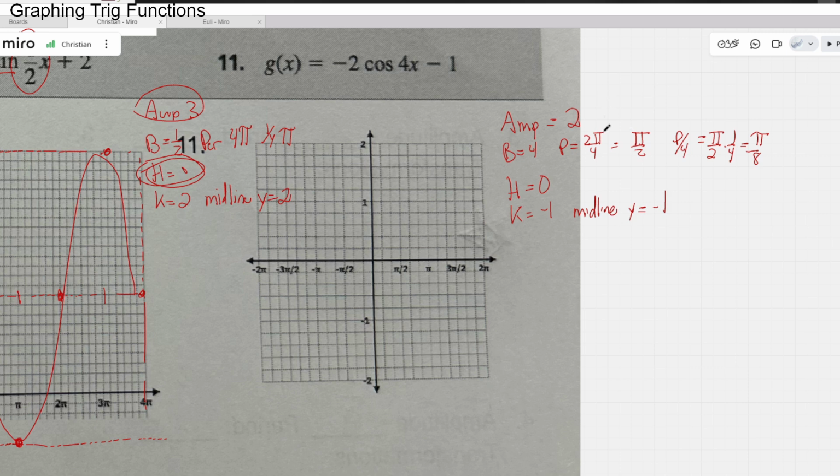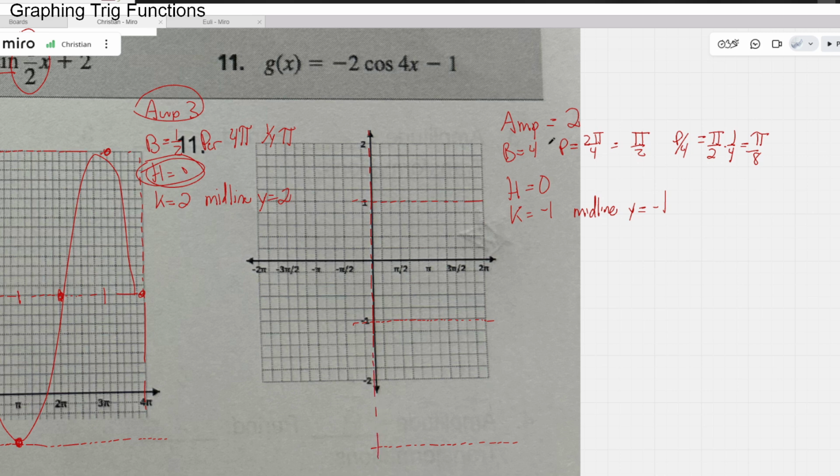Check that scale. Scale is screwed up again. Up 2, down 2. Starting line.